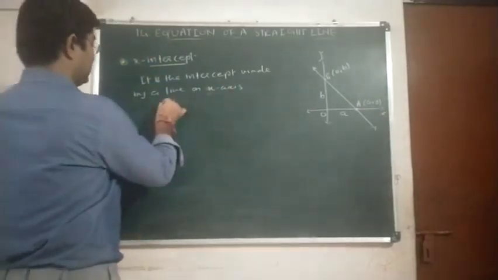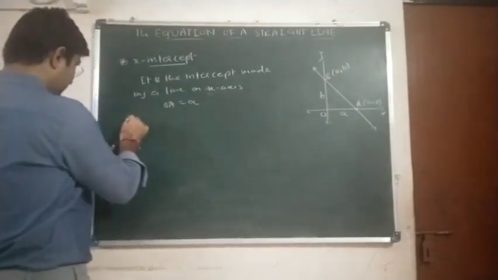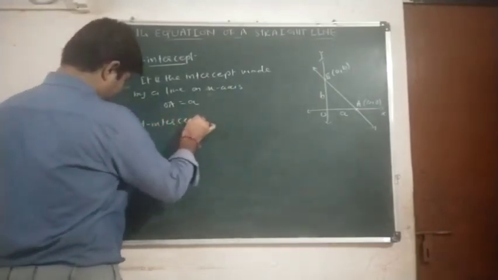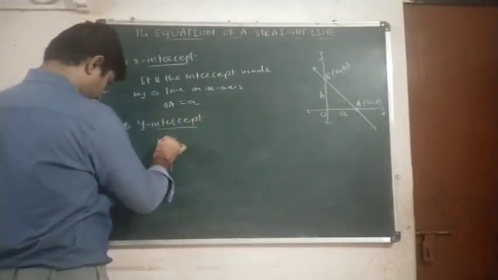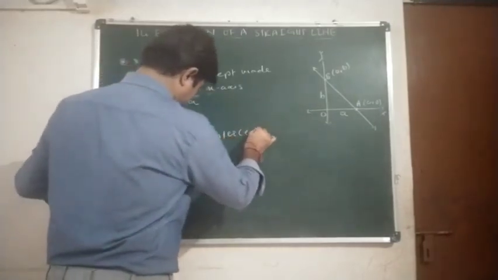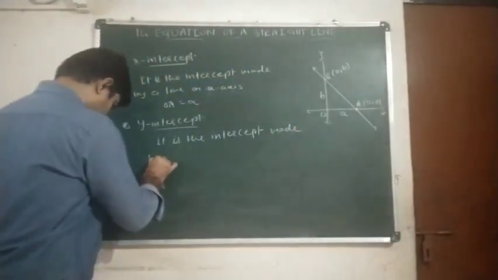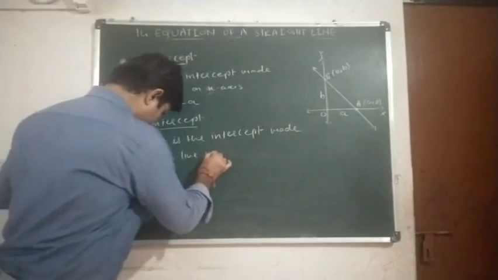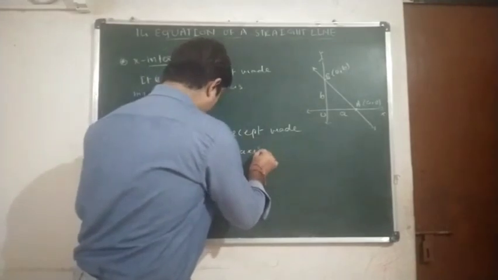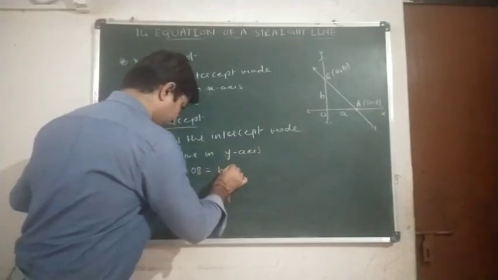In this case OA is equal to A, clear? And y-intercept is the intercept made by a line on the y-axis. In this case OB, the y-intercept, is equal to B. Yes or no?